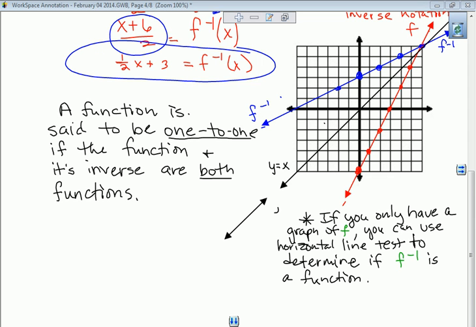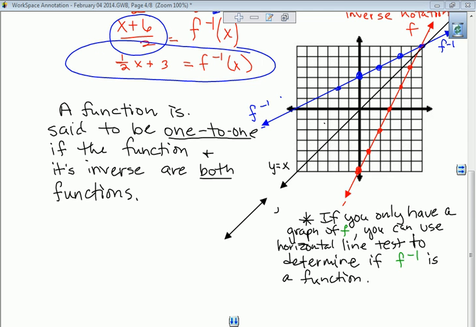On the regular graph, you do vertical to tell if that graph is a function. Then you do horizontal to tell if its inverse is a function. So if a graph passes both the vertical and the horizontal line test, it is a function, its inverse is a function, and therefore it is considered one-to-one.